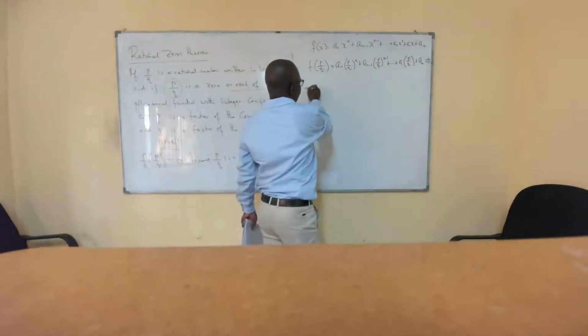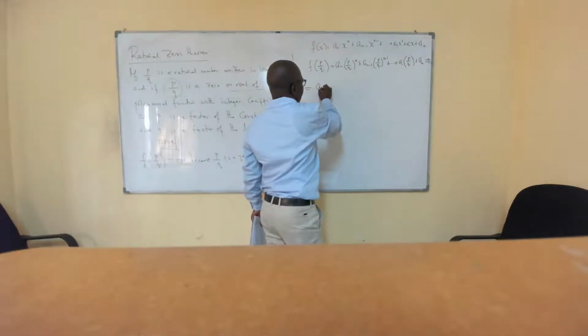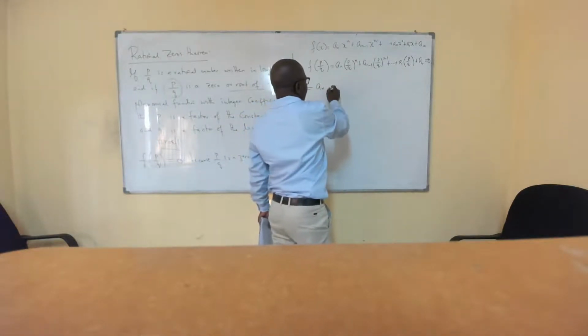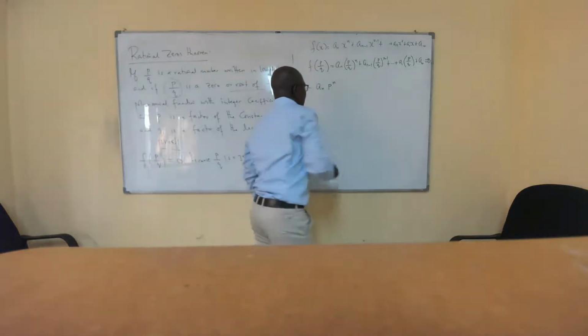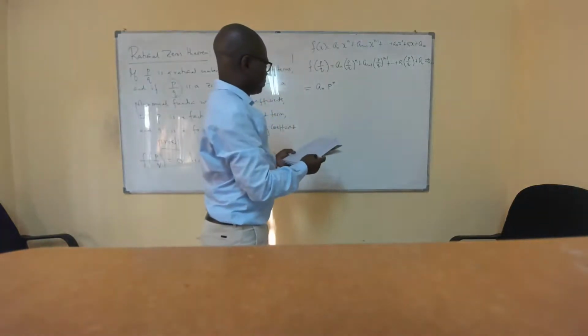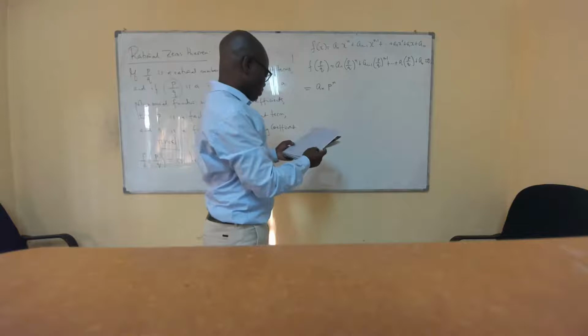If I do that, I'll end up having a_n p to the power n. Remember, I'm multiplying throughout by q to the power n.